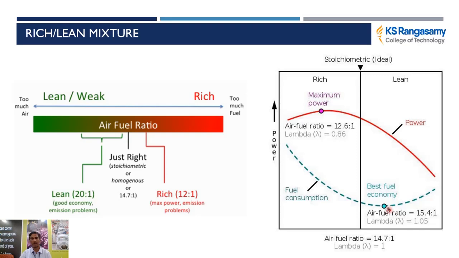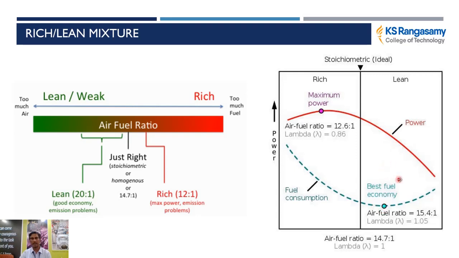With this economy you get average power at that air fuel ratio. But when we go for maximum power, the fuel consumption is very high, so we get low mileage. Here the power is average, but the fuel consumption is low and the mileage is very good.